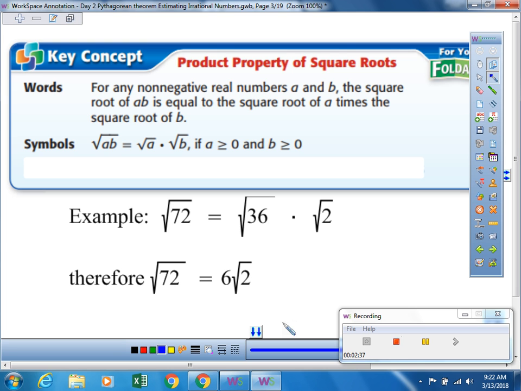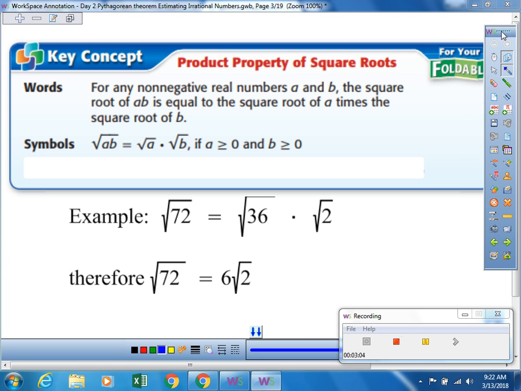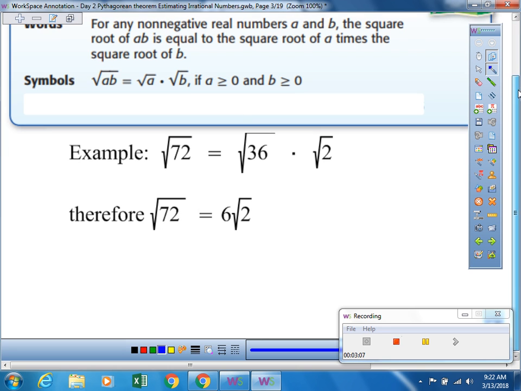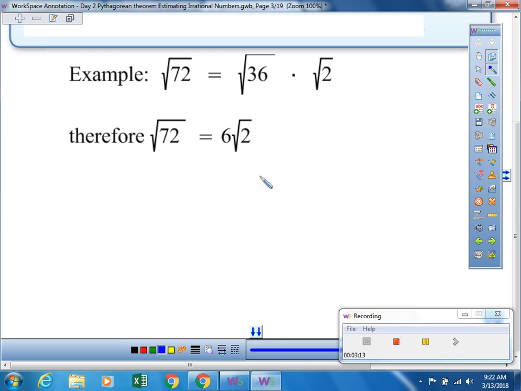Well, in that case, another way to do it is to do a factor tree. So I'm going to do a factor tree of 72. So I start and I see, okay, I can divide this by 2. 2 times what? 36. So maybe you don't see that this is a perfect square.